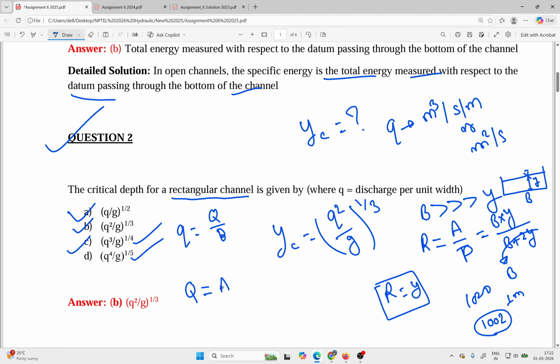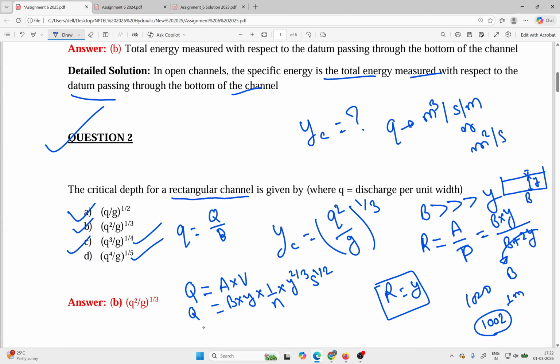Q is area into velocity. So now the area is nothing but B times Y, and velocity is as per the Manning's. Why am I applying Manning's? Because in the question it was given 1 by n, R to the power 2 by 3, and R is given as Y. So Y to the power 2 by 3, S to the power 1 by 2, which is slope.